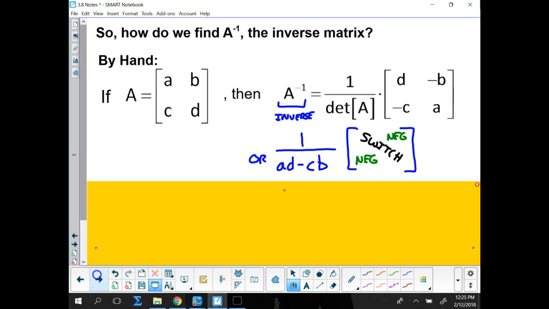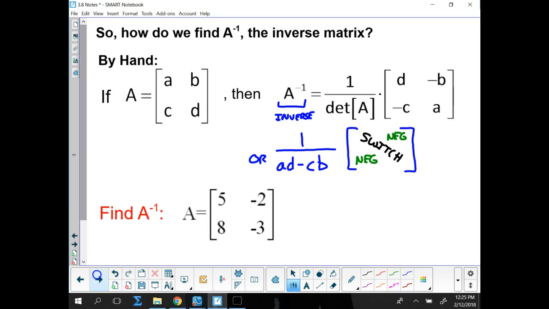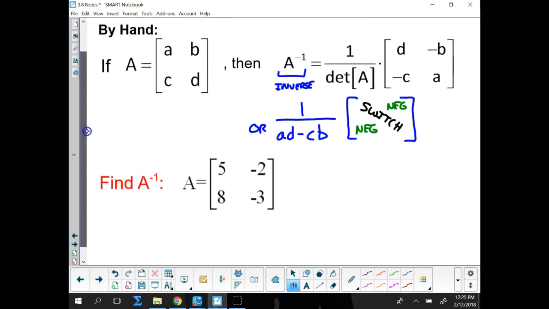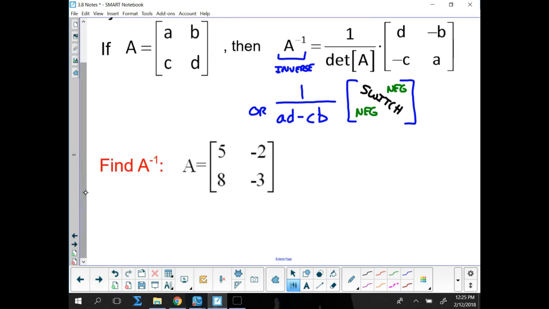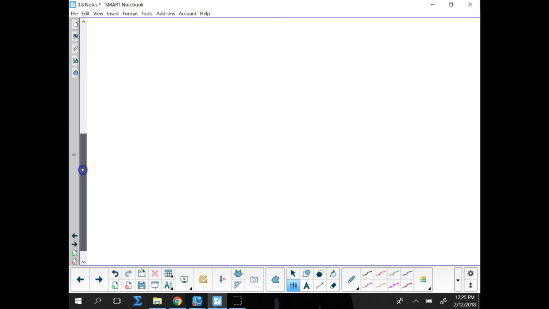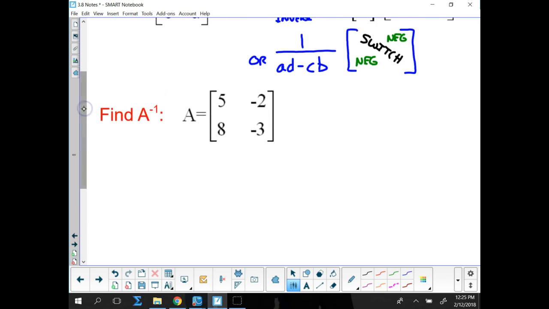Okay? Let's put it to work. Here is my matrix A. I want to find the inverse of matrix A. What's the first thing that I have to do? One over the determinant. So I should find the determinant first.